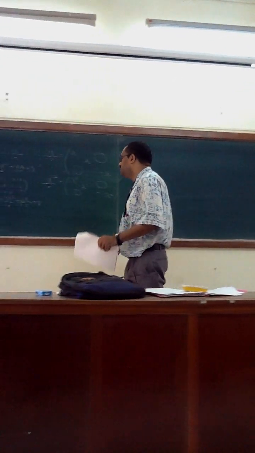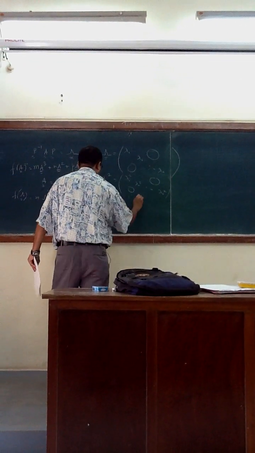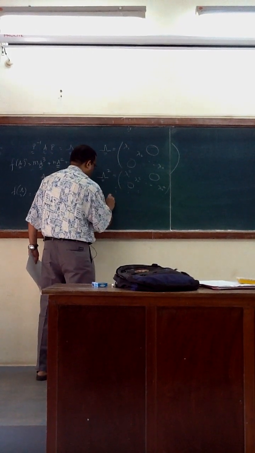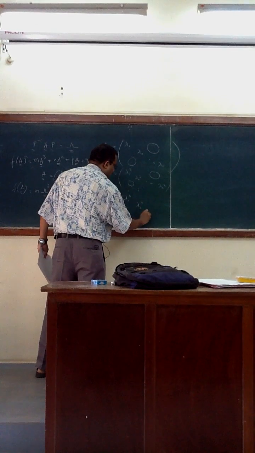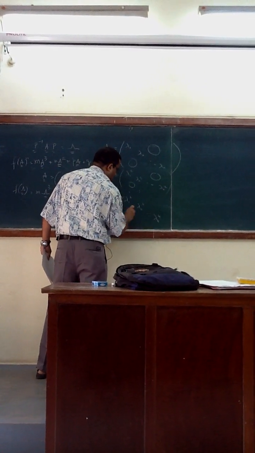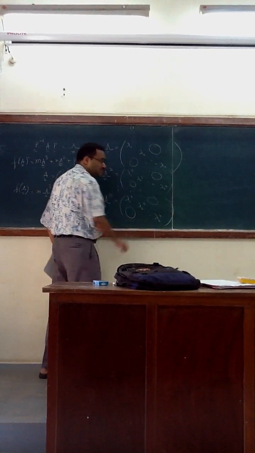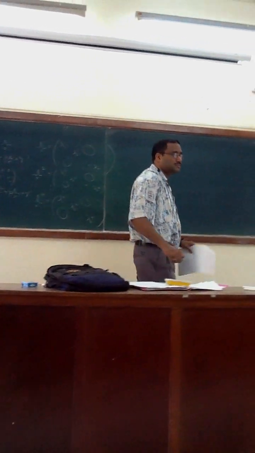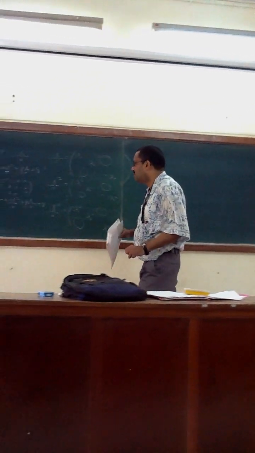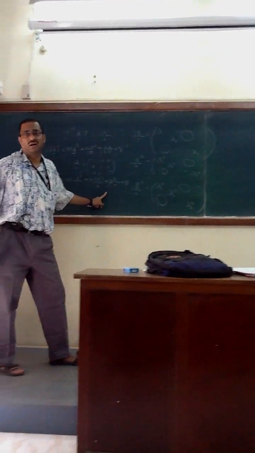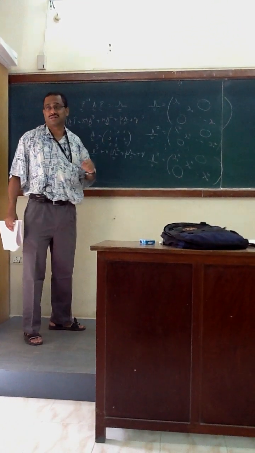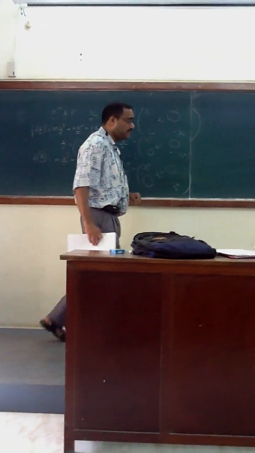And similarly, we can get lambda to the power n, which is lambda 1 to the power n, lambda 2 to the power n, up to lambda n to the power n, 0. So you can see that all these terms are easily evaluated for the diagonal matrix.